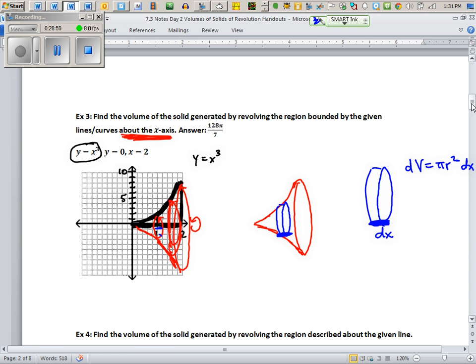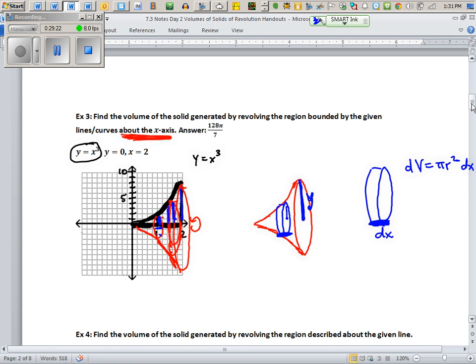Which means I'd like to get my r now, and the r is measured basically from the center to the top of each disc. So it varies as you go along, but it's clearly the y-coordinates of these points.